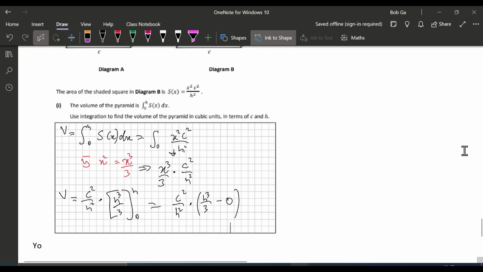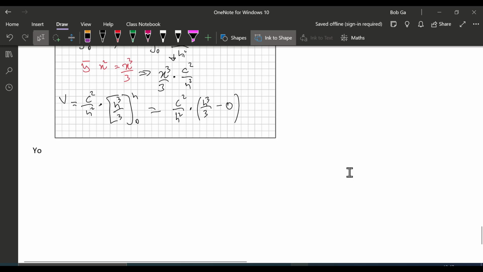If we simplify this now, V is equal to c squared over h squared dot h cubed over 3.